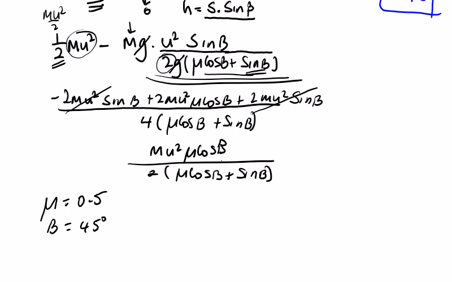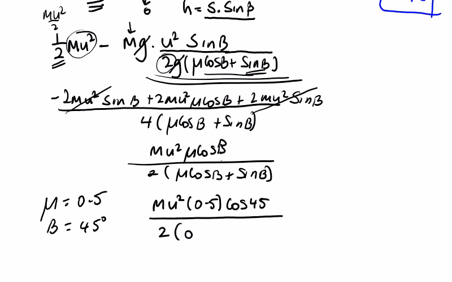Okay, so we just fill in our values here. u squared by 0.5 by the cos of 45 over twice 0.5 cos 45 plus sine 45.